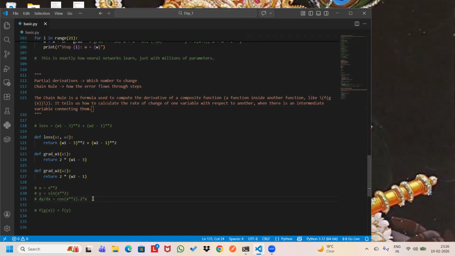So it will be equal to 2x cos of x square. This is the complete answer. And in the same way, the chain rule works.